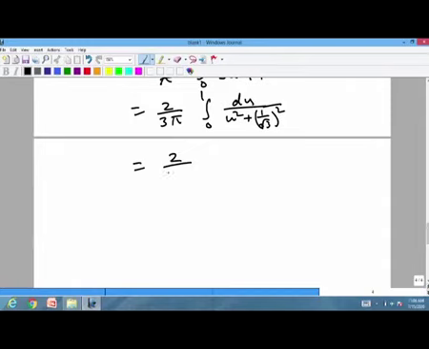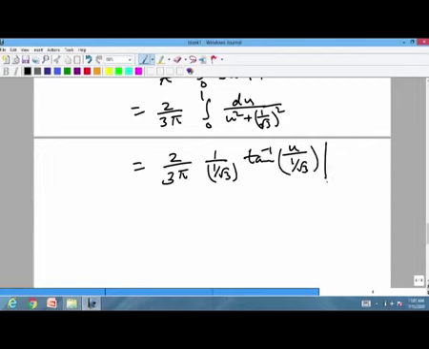So, this is equal to 2 over 3 pi, and the integral of 1 over u square plus a square is 1 by a. So, 1 by root 3 times tan inverse of u divided by 1 by root 3, and this has to be evaluated between 0 and 1.